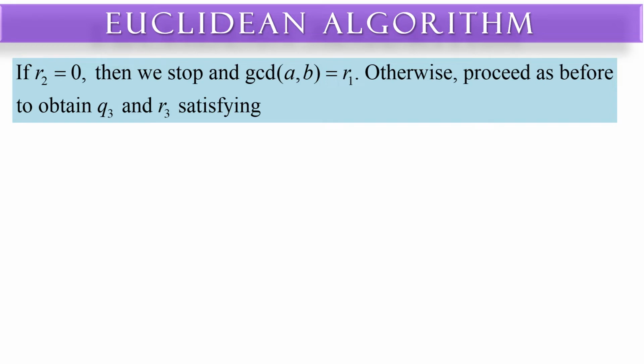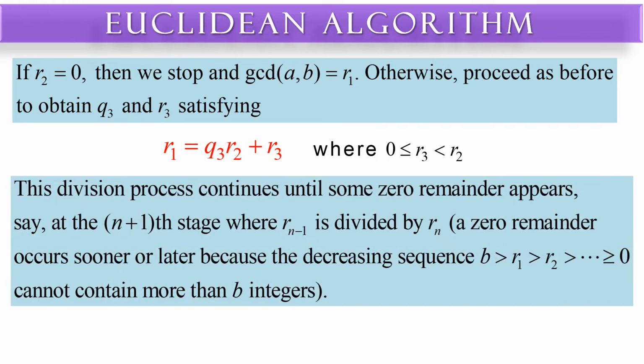Otherwise proceed as before to obtain Q3 and R3, satisfying R1 = Q3 R2 + R3, where R3 is greater than or equal to 0 but less than R2.